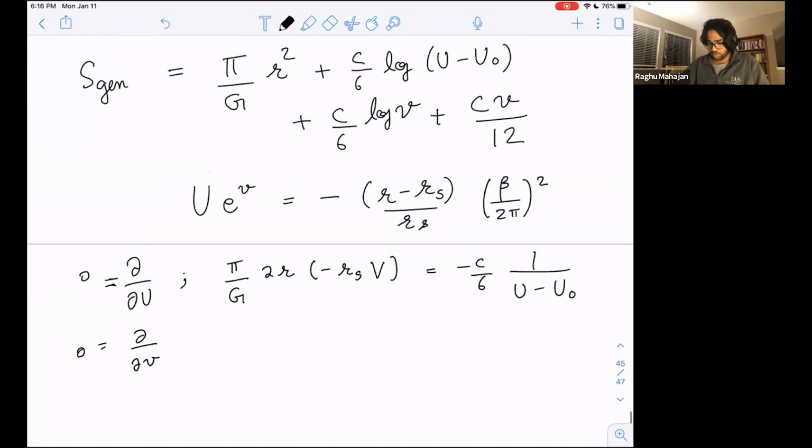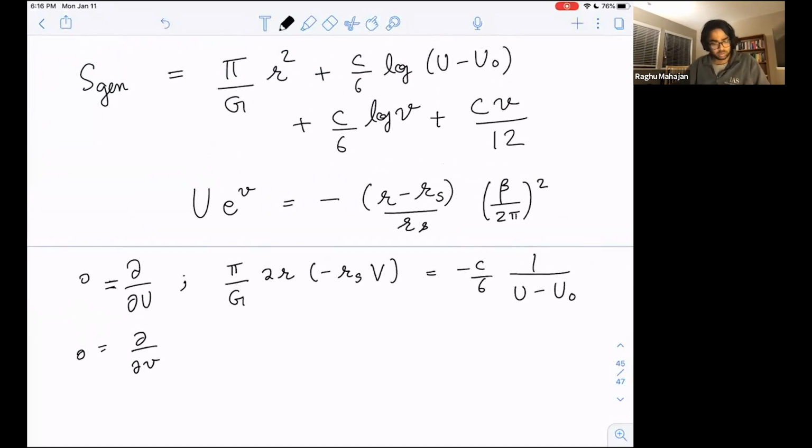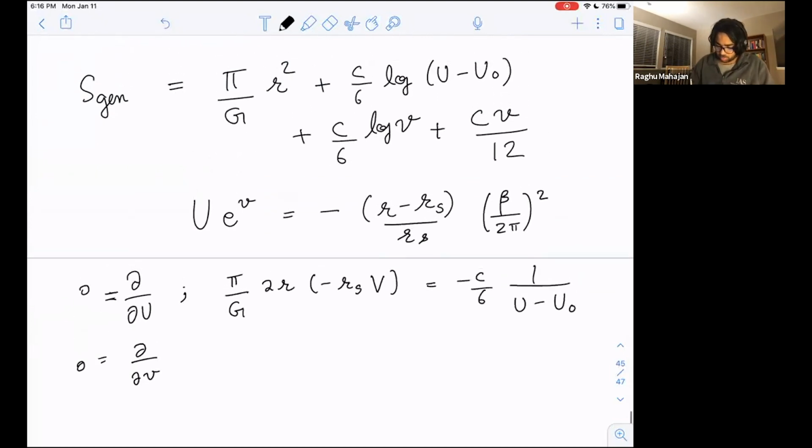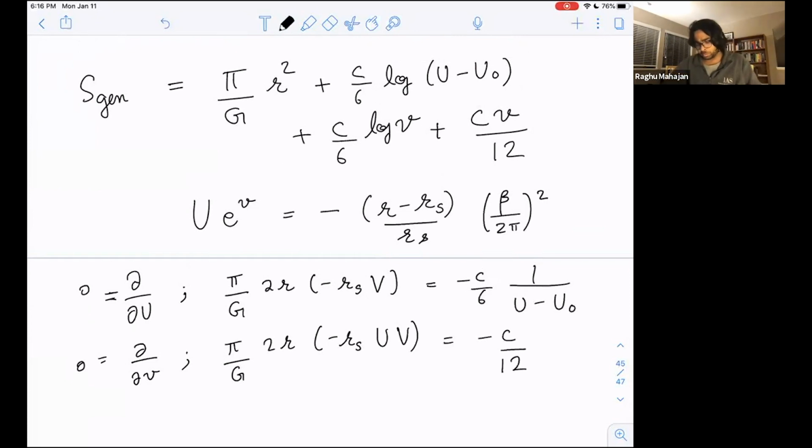So this is the u derivative. We have a 1 over u minus u naught from that term. The partial v term gives pi over G times 2r times negative R_s times capital U, capital V, which is negative c over 12. I have to explain what happens here.